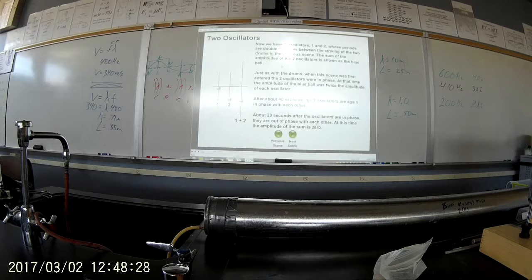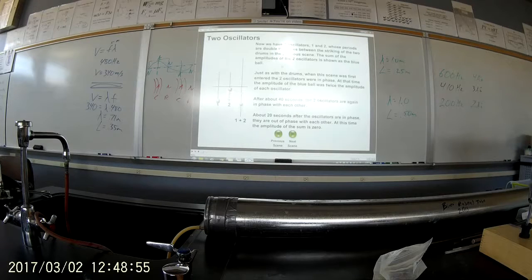Since they're slightly different frequencies, there's a point at which they will be totally in phase, and a point where they're totally out of phase, where their amplitudes will destructively interfere. And if we wait a while, their amplitudes are going to be perfectly in phase, and they will constructively interfere.